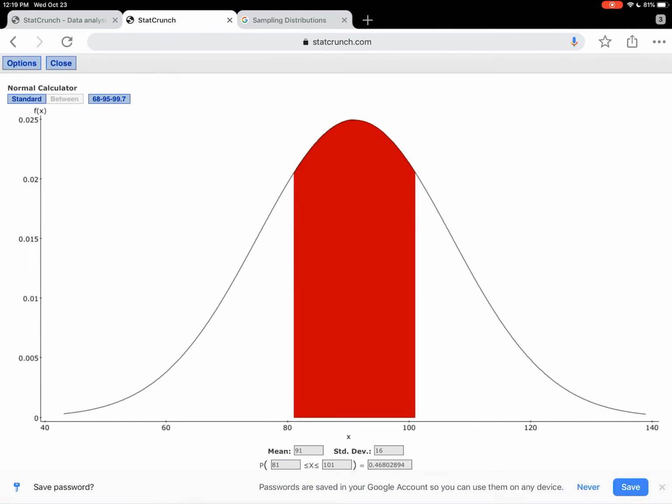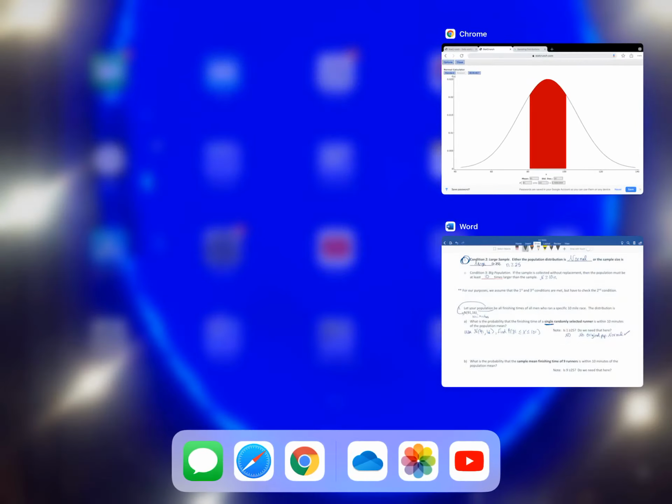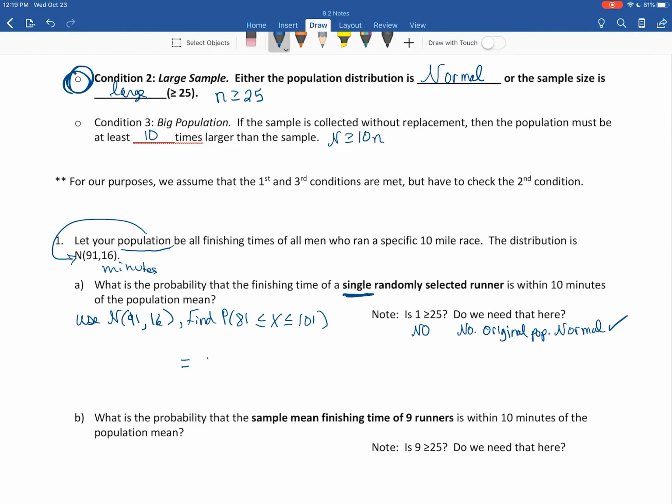Compute. It gives me a nice little picture with the area between those two values shaded, and it looks like the probability for that is about 46.8%. So there's about a 46.8% probability that any one person that you randomly choose would be within 10 minutes of that average finishing time.